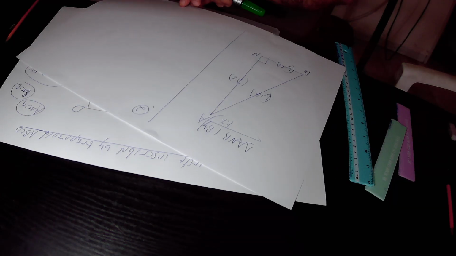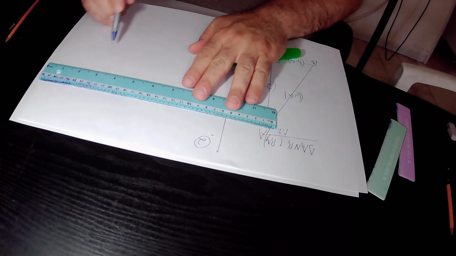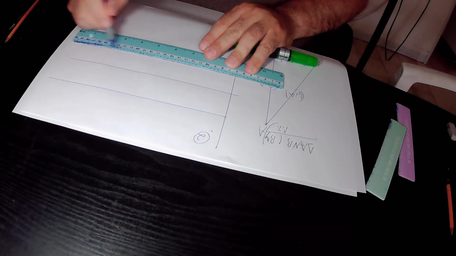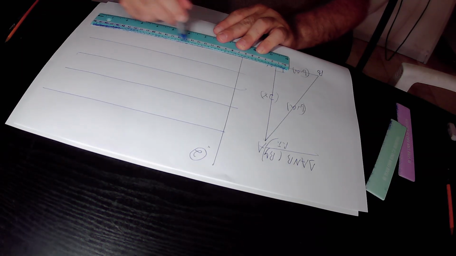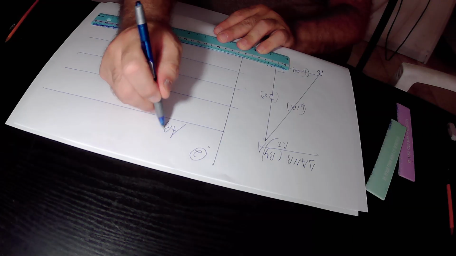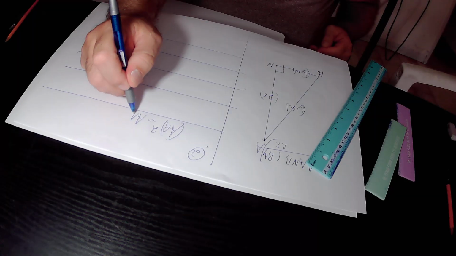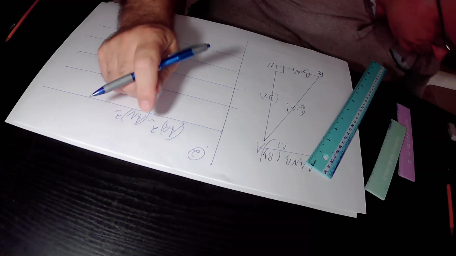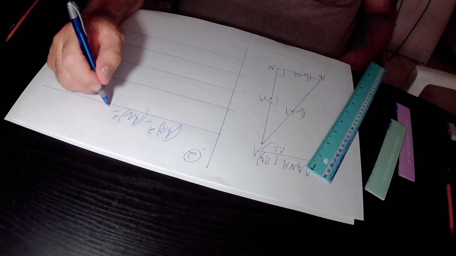So I write it down. AB squared, that is the square of the hypotenuse, is equal to AN squared plus BN squared.